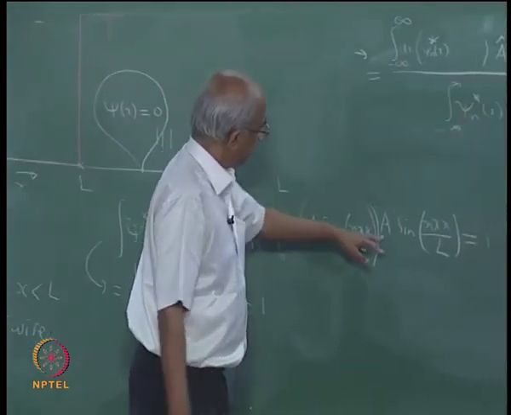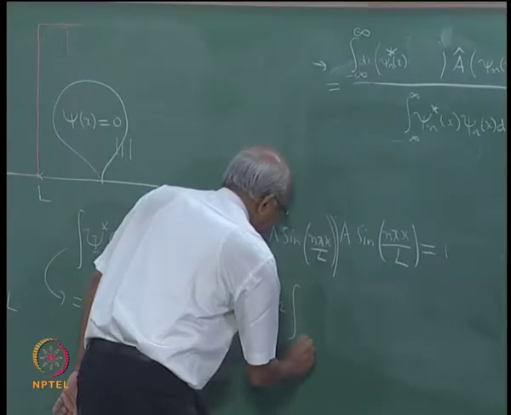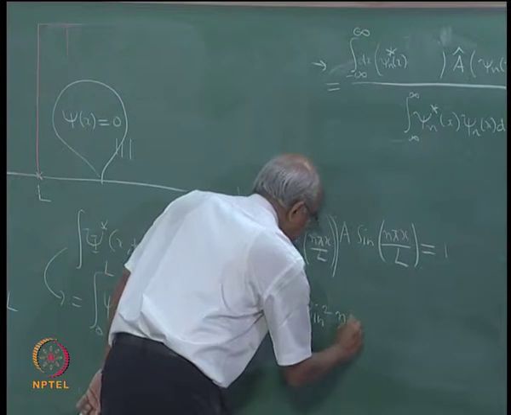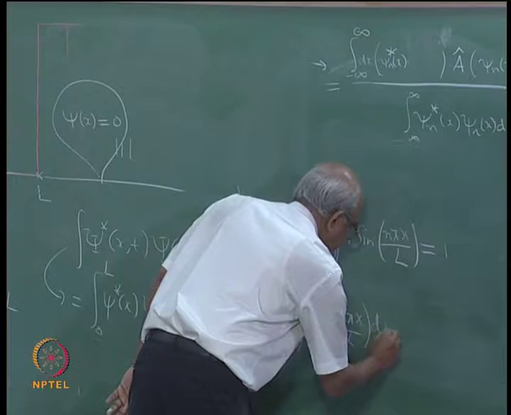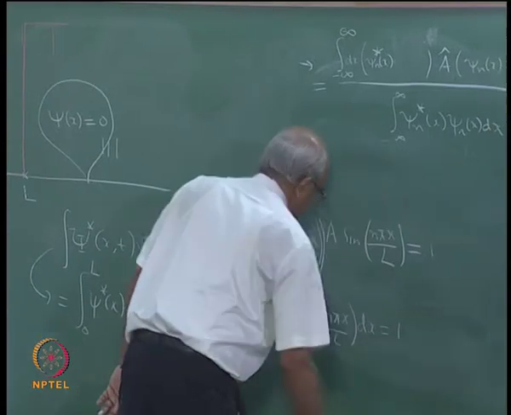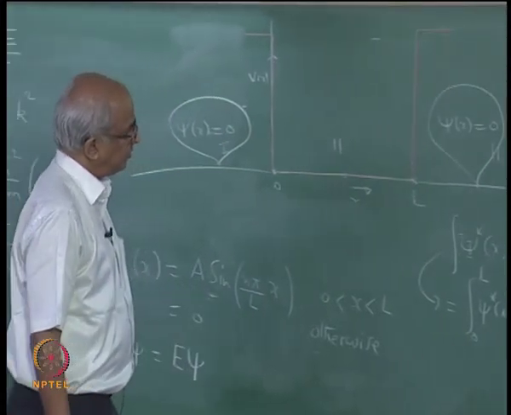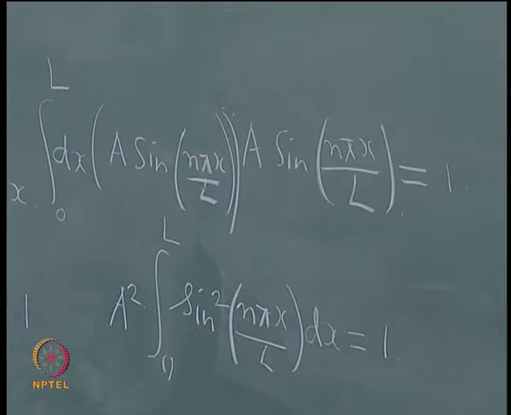So, effectively this will become A square integral 0 to L sin square n pi x divided by L into dx is equal to 1. So, this is the condition that will determine the value of capital A.